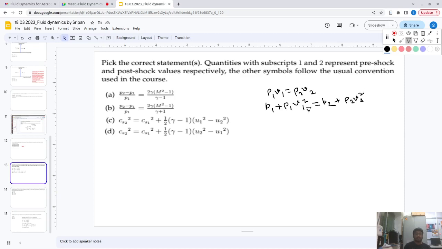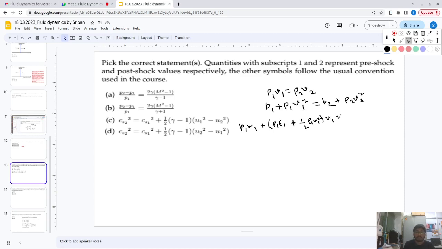This is momentum conservation. And then you have another equation, which is p1 v1 equals rho 1 epsilon 1 plus half rho 1 v1 square v1, right?